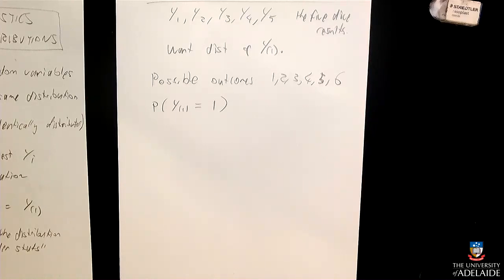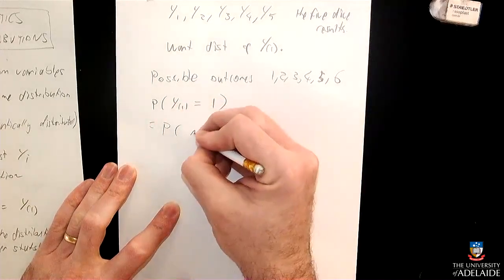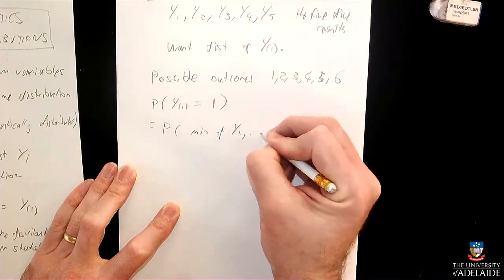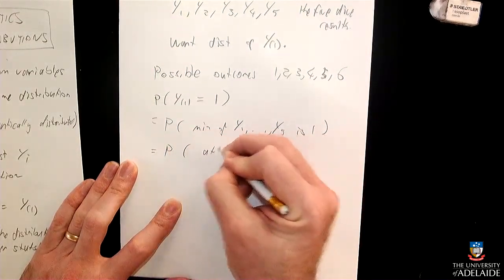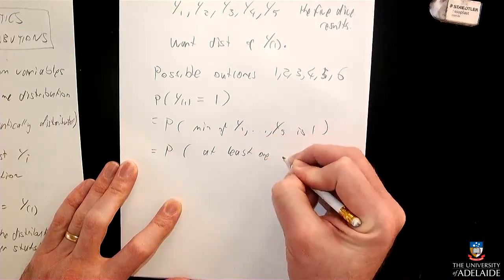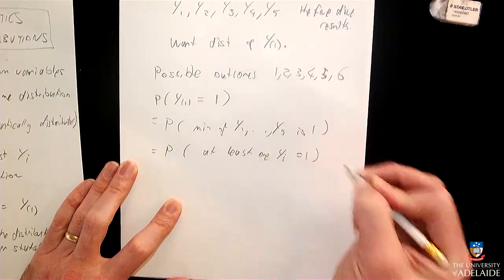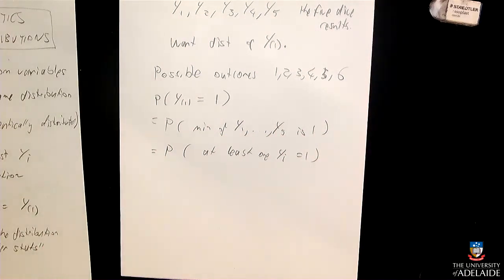Well, the probability that y1 is 1 is the probability that the minimum of all of those is 1, which is the probability that at least one of the yi's is 1. Because if none of them are 1, then the minimum can't be 1, because it has to be bigger than 1.